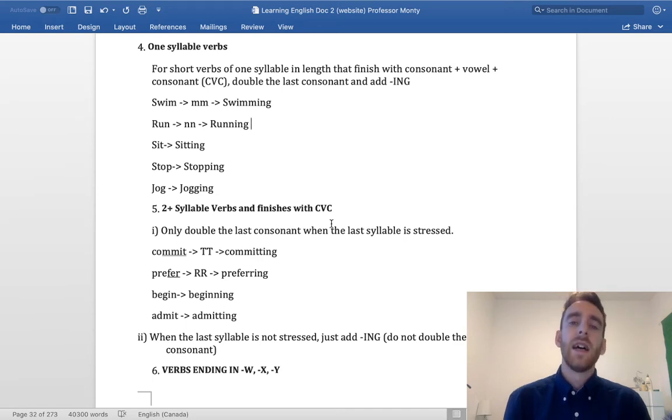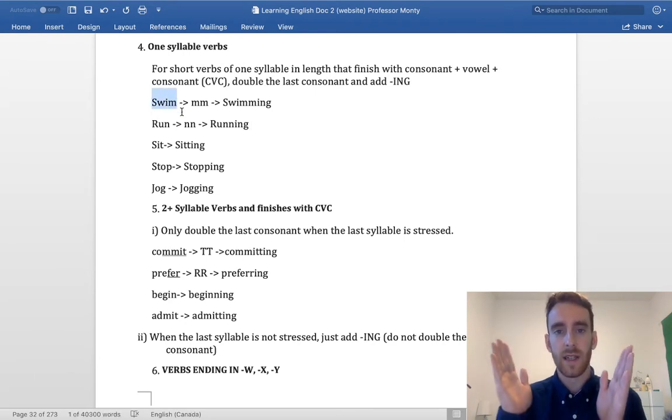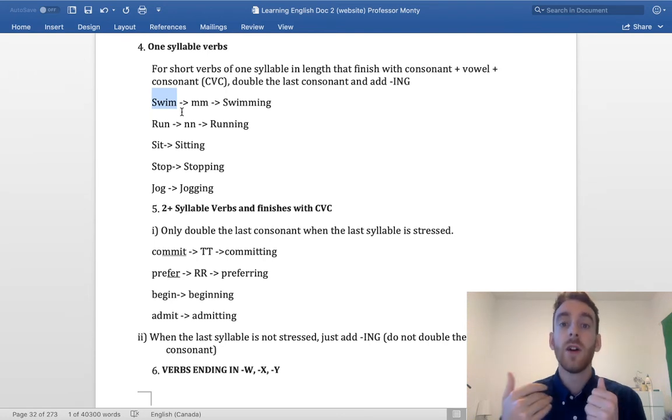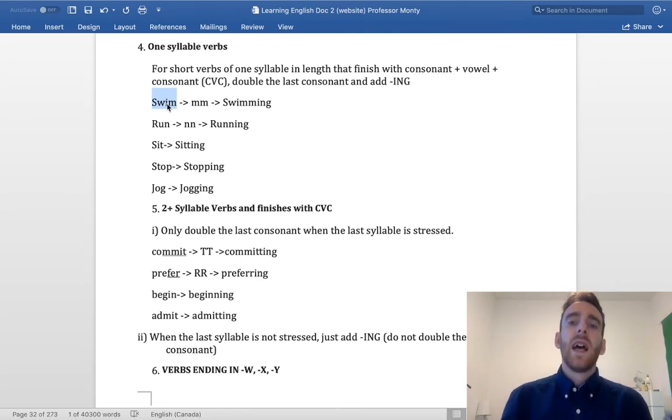So the rule here is if you have a verb that's one syllable, like swim, not professor, that's 3. Swim, that's 1. And you know that it finishes with C, V, and C, then you have to double it.